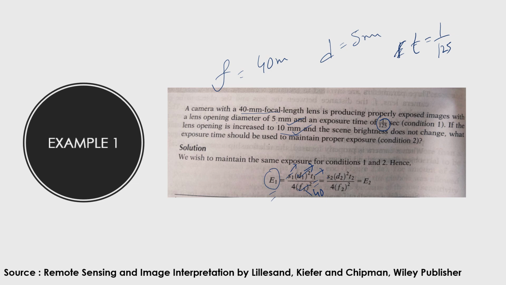Similarly, you just put in and find out E1, exposure 1, as well as exposure 2. So to maintain the same exposure, these two exposures must be the same. E1 is equal to E2. Then everything cancels out, and ultimately it will give you the condition at which the two exposures can maintain each other.